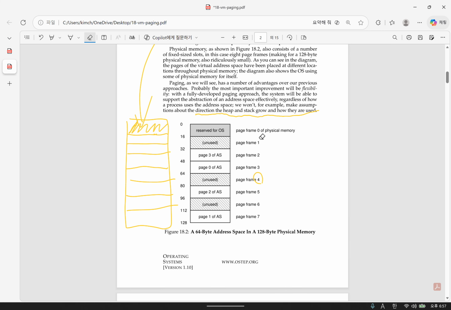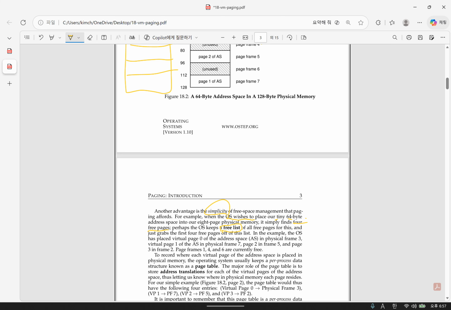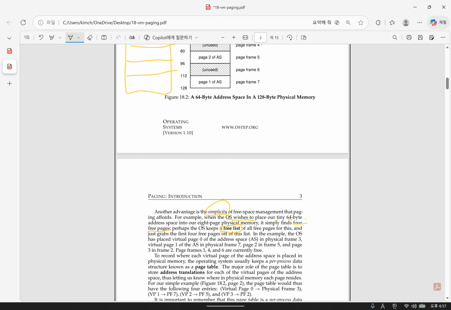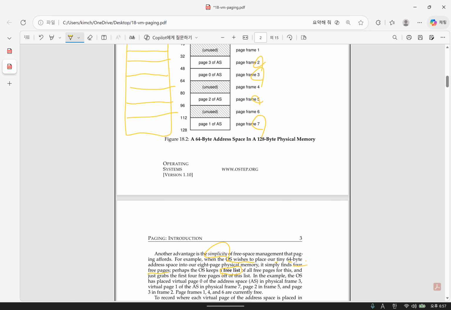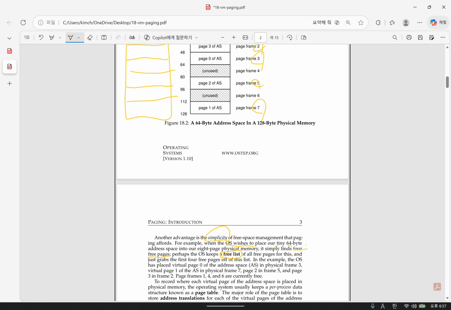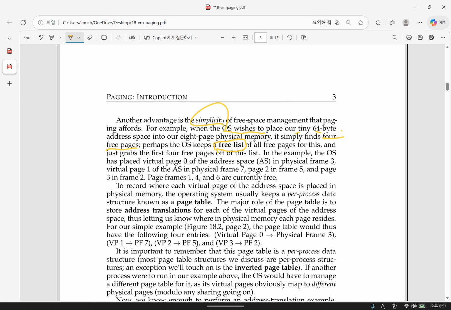Yes, indeed. They put it here. Virtual page 1 on 7, page 2 on 5, and page 3 in frame 2. And 1, 4, and 6 are currently free, indeed.